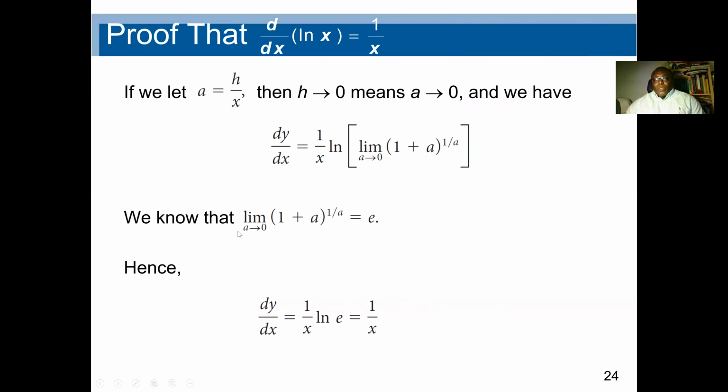And we know that everything here will give us e. So dy/dx will give me 1 over x natural log e, which is the same as 1 over x. Natural log e, the base is the same, so this will give me 1. Log base e will give me 1. So again, this is the proof that d/dx of natural log x is 1 over x, using the limiting process.